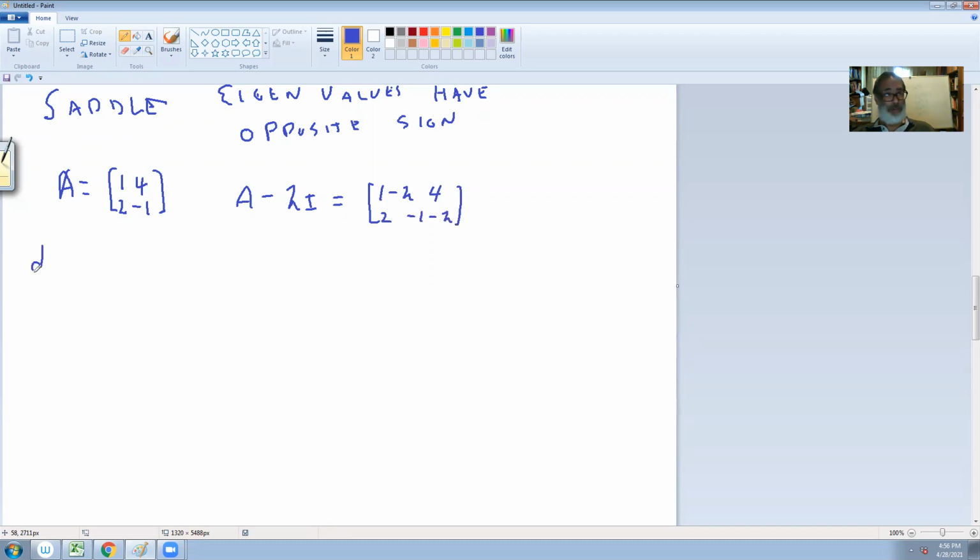And I'm going to spare you the algebra, but if you take the determinant and you work it out very carefully, what you end up with is lambda squared minus 9. And I'll leave the details to you. So those are going to be the two eigenvalues.